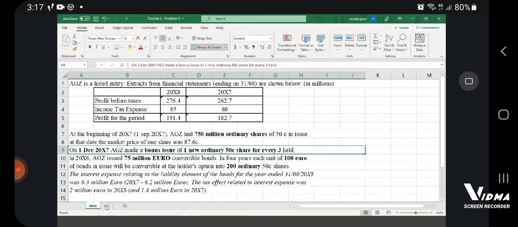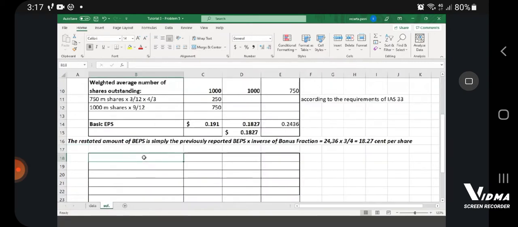So let's go to the solution page and start our endeavors to calculate the diluted earnings per share. I'm just putting 2 years over there, 2018 and 2017 over here. To calculate the diluted earnings per share, we normally start with the amount of earnings.